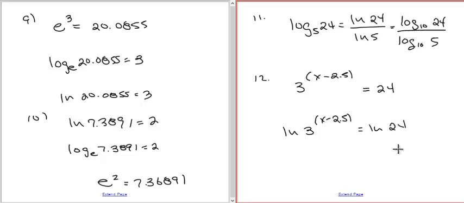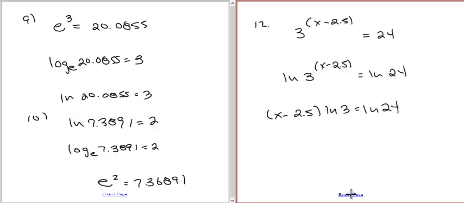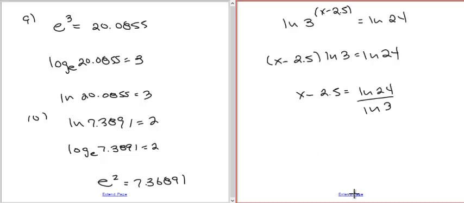So you take the natural log of both sides and then use the exponent property of logarithms, so you can bring the exponent out, and then you can divide both sides by the natural log of 3 to get that off of that side. And then you can add 2.5 to both sides, so it's 2.5 plus the natural log of 24 divided by the natural log of 3, which is 5.39.